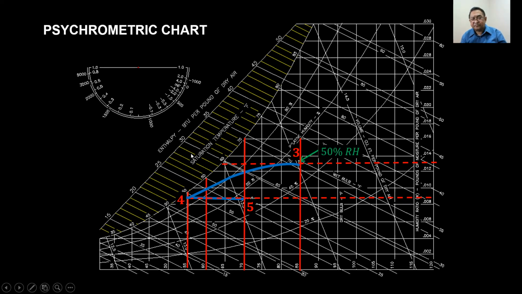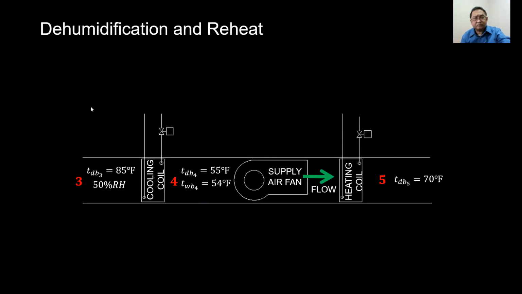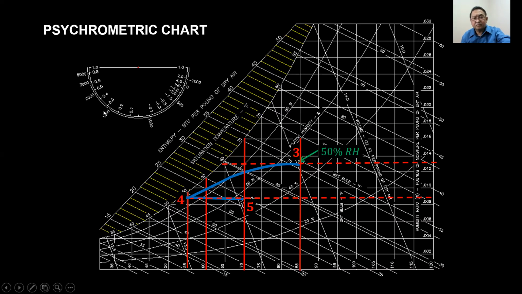So what we will do here, we will subject it to a heating coil or a reheat until we reach 70 Fahrenheit. So this one will be the graph from point 3. It will go as close to the saturation line and to the temperature at point 4, closer to the coil temperature.